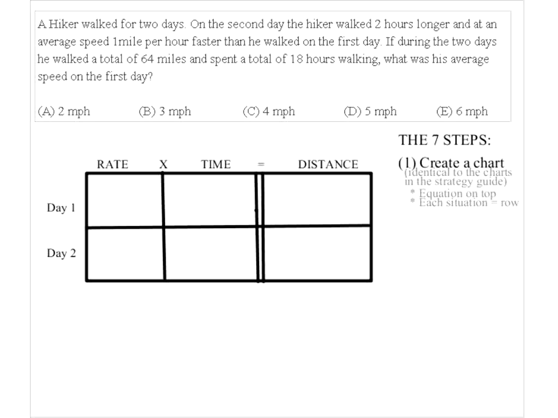Okay, let's look at step 2. Step 2 is to fill in concrete numbers, hard numbers I call them. Now be careful with this, because hard numbers doesn't mean every number they give you in the problem.